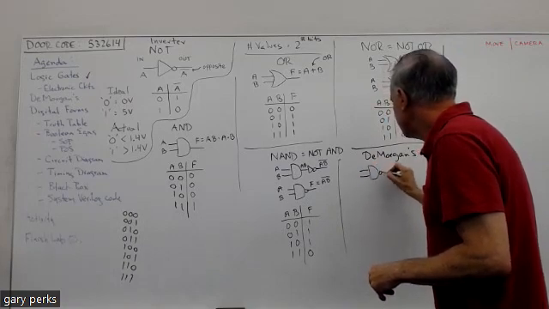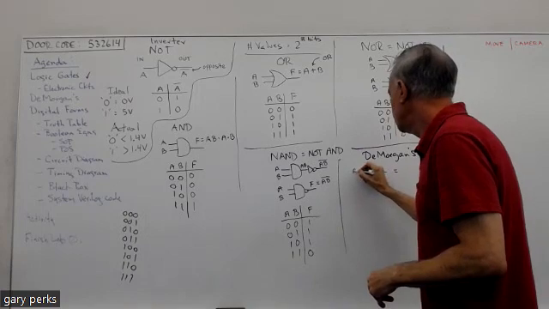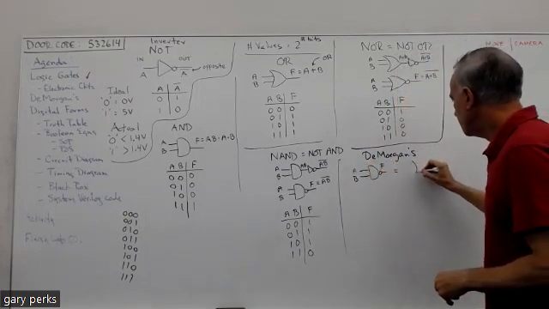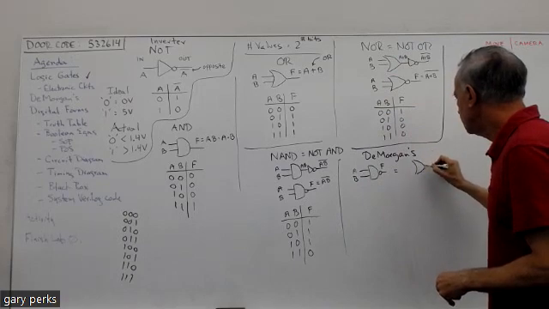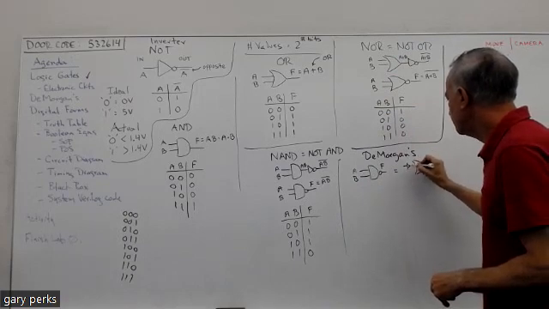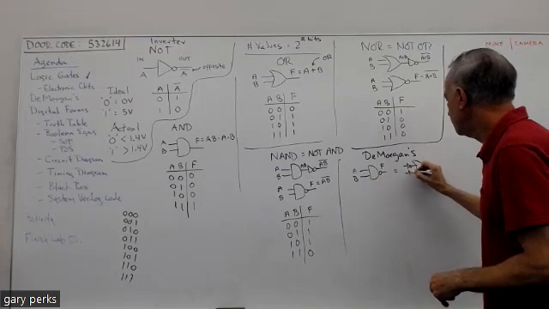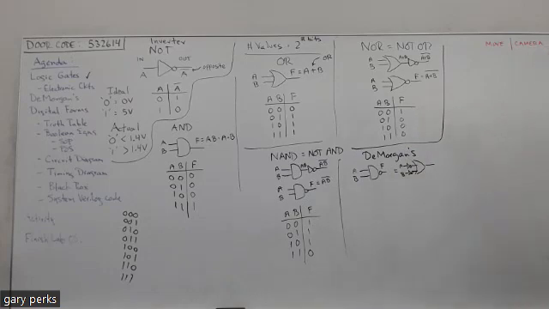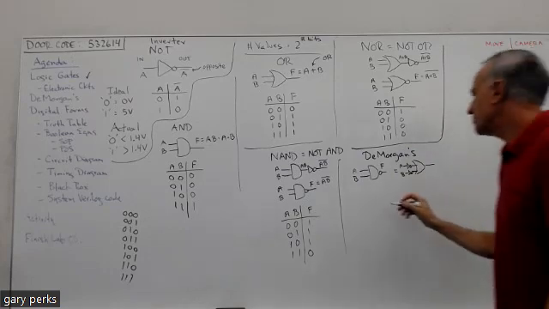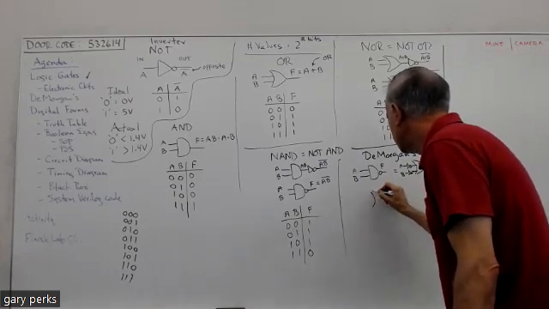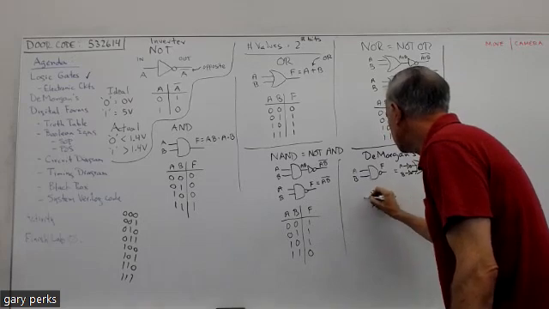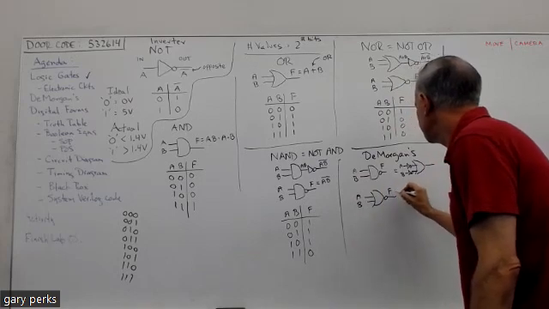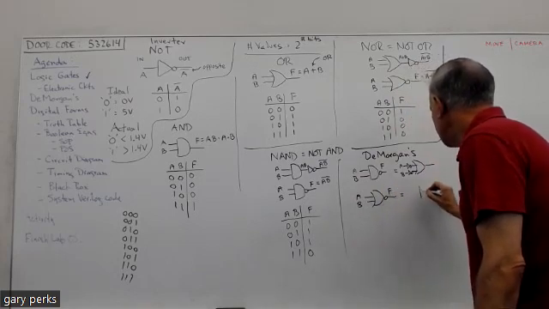A NAND is equal to an OR with inverted inputs. And then the other part of DeMorgan's tells us that a NOR is equal to an AND.